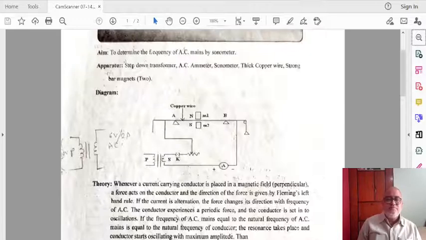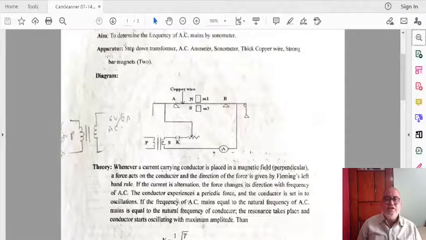See here the theory of this sonometer experiment. Whenever a current carrying conductor is placed in a magnetic field, a perpendicular force acts on the conductor, and the direction of the force is given by Fleming's left hand rule.